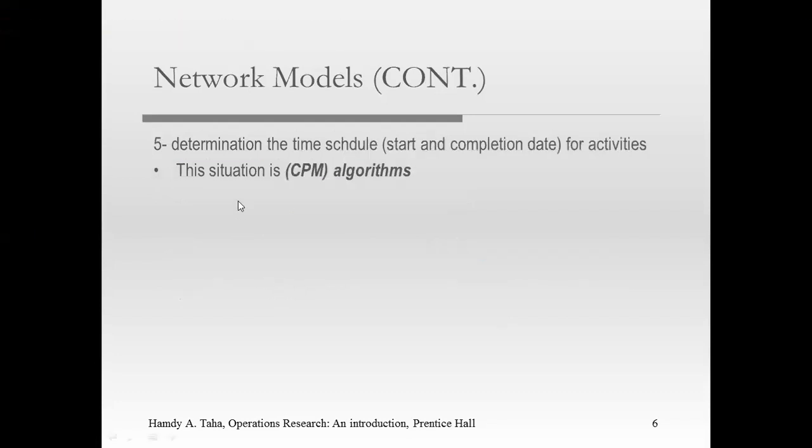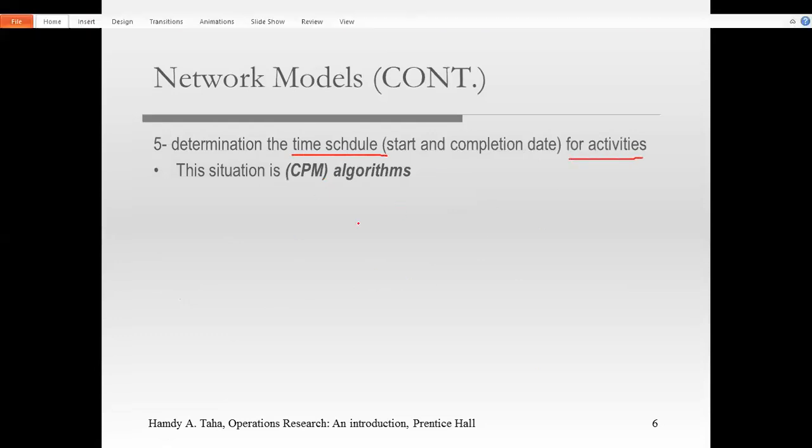And then the last one is the CPM algorithm, where the situation is to determine the time schedule for activities. Usually it is used for project management. Project management is very important because usually one project consists of hundreds or even thousands of activities.